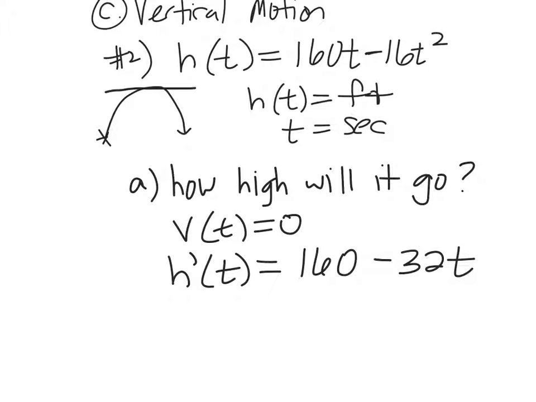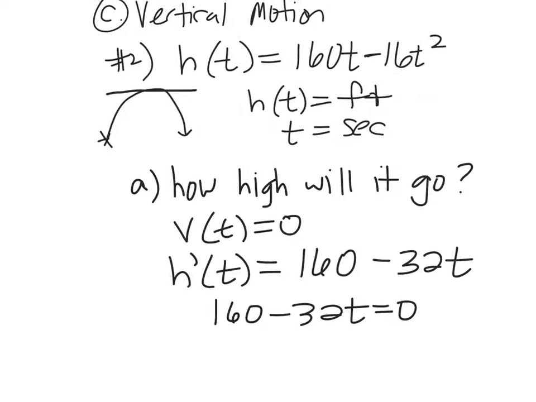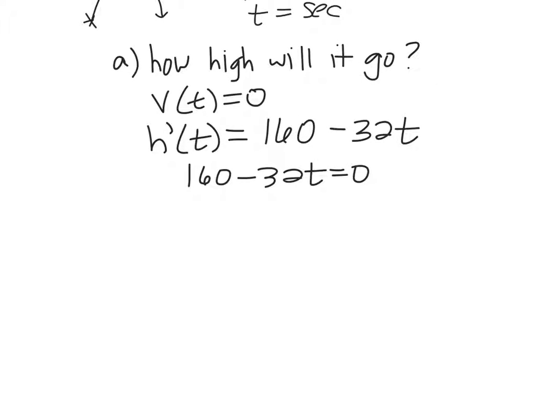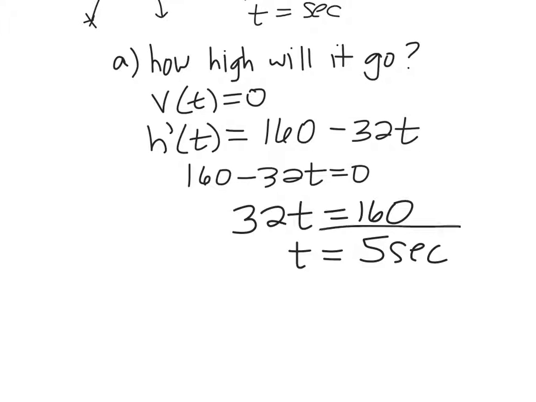Set that equal to 0 and solve. So we will add 32t to the other side. Divide by 32, and t equals, what is it? Ooh, 5 seconds.